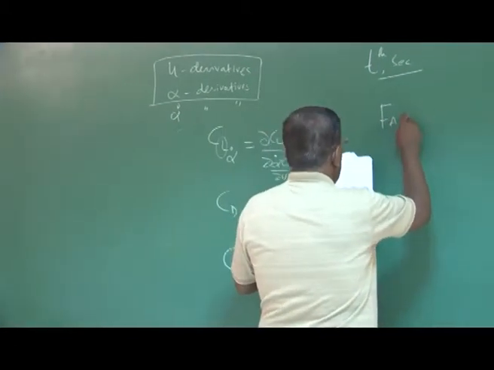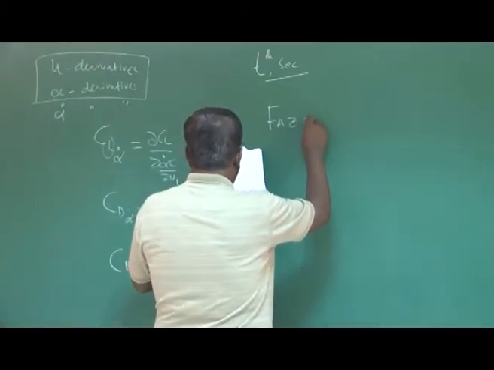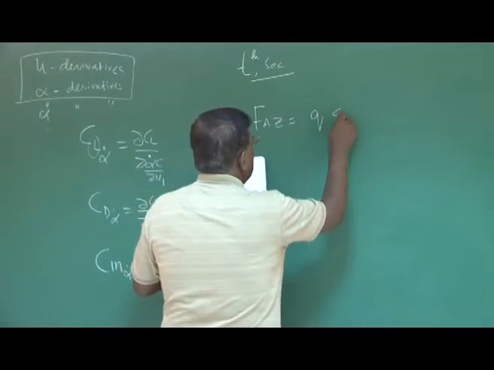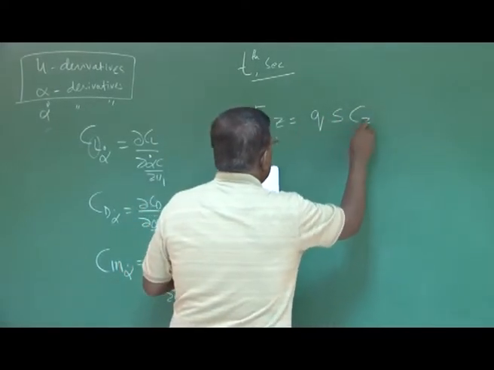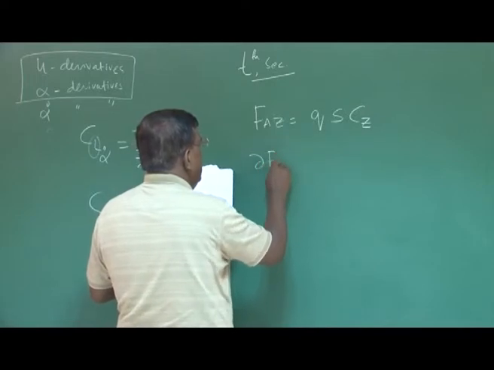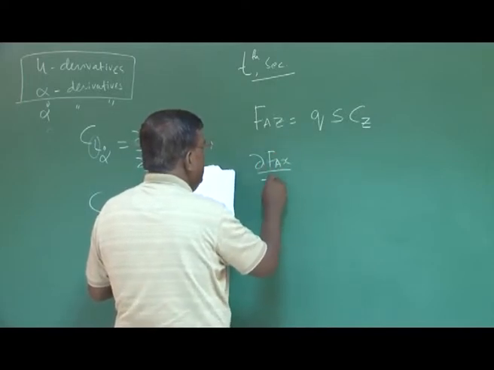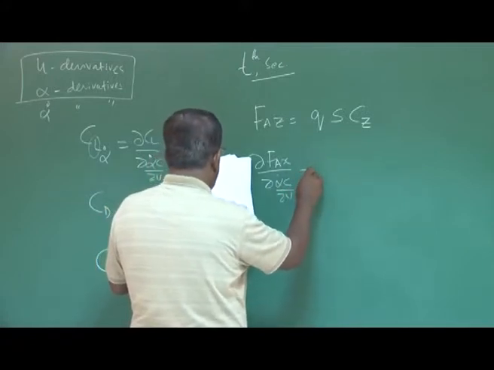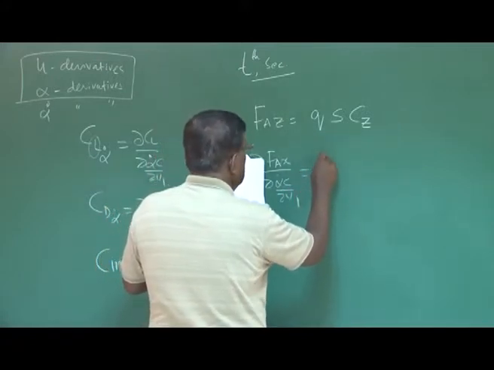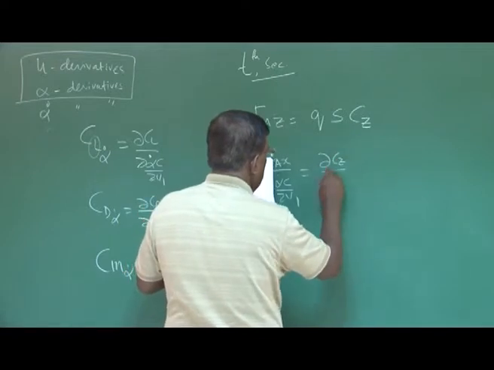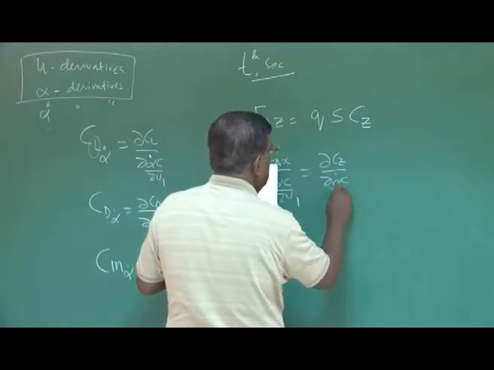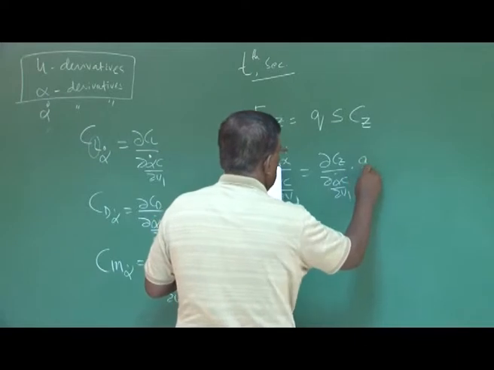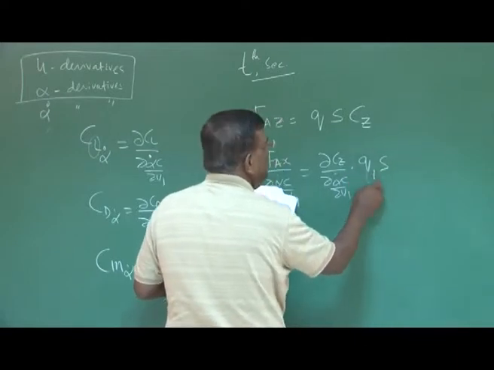FAZ will be equal to q bar S CZ, and dFAZ by d alpha dot c by 2U1 would be equal to dCZ by d alpha dot c by 2U1 into q1 into S. Why this q1?